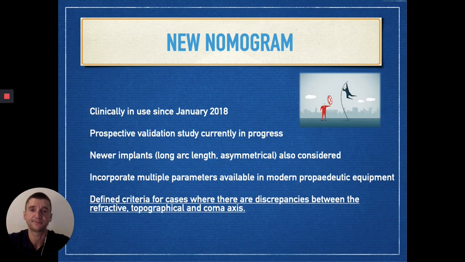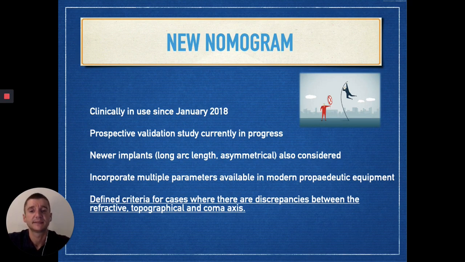The new nomogram that we're going to talk about a little bit has been clinically in use since January 2018 and has been adopted by Medifacal since then. A prospective validation study is currently in progress at Banco de Olhos de Sorocaba, and it's a part of my PhD project.